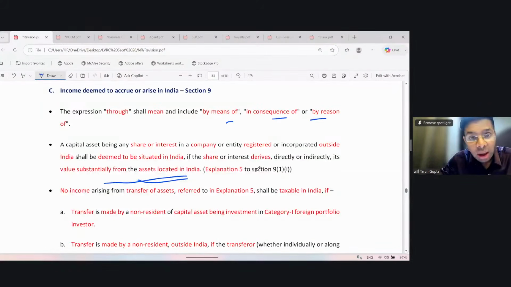No income arising from the transfer of an asset referred to in Explanation 5 shall be taxable in India.